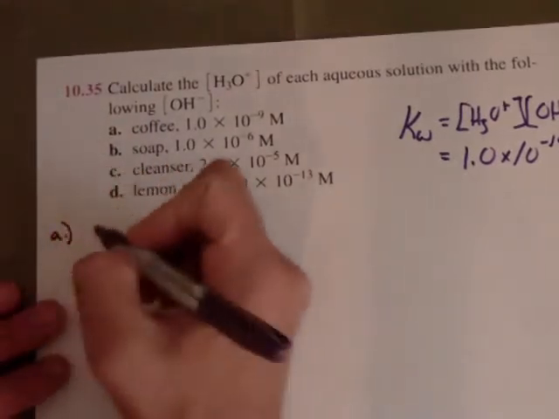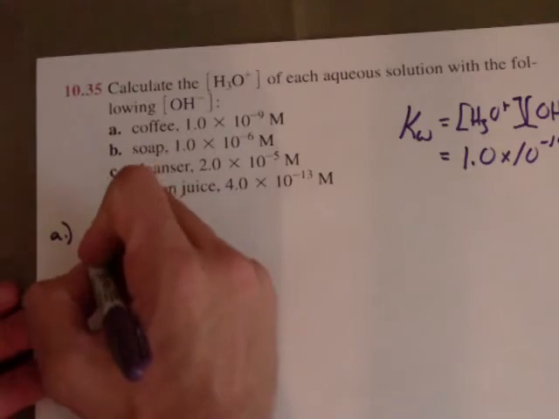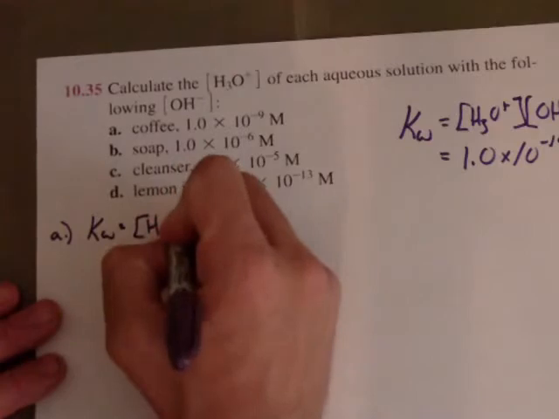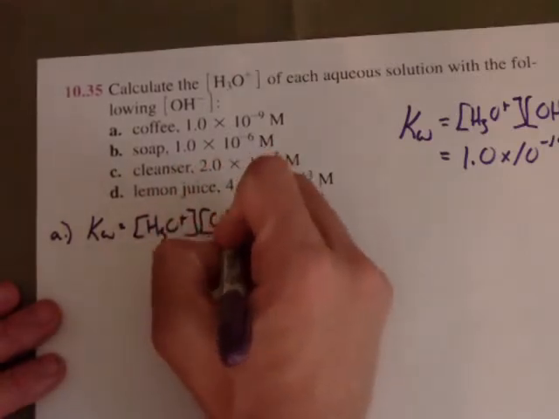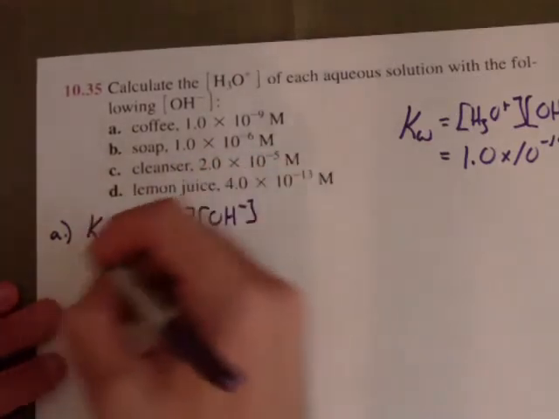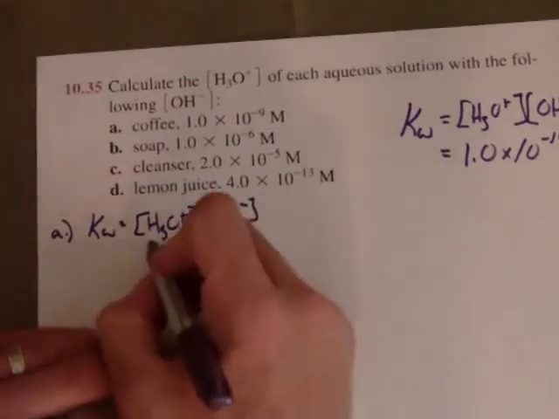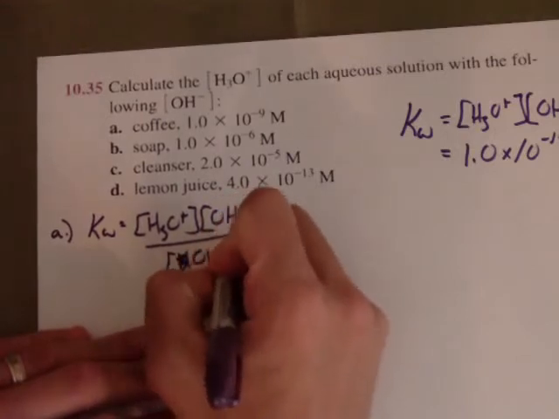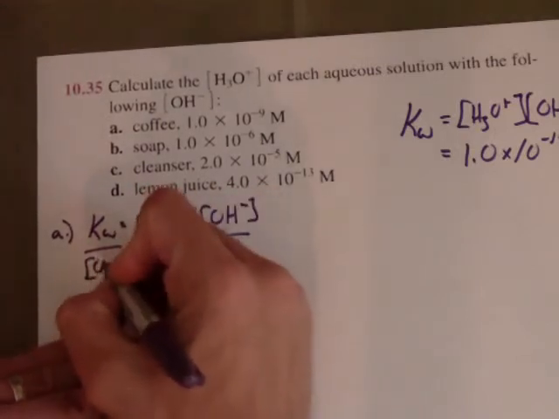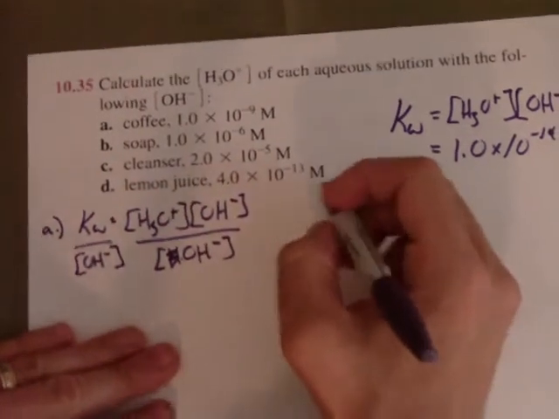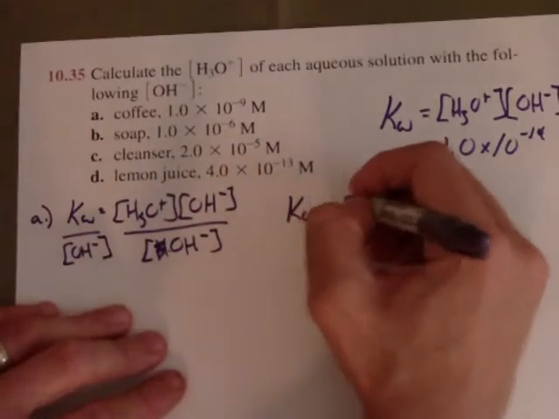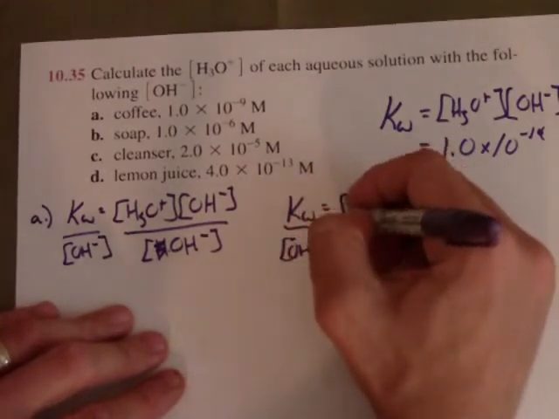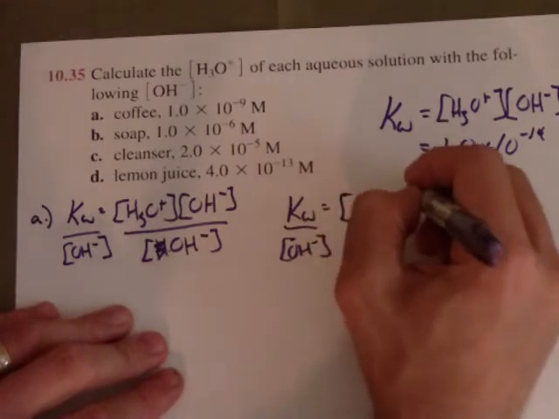So in A, Kw is equal to H3O plus times OH minus. Since we are looking for H3O plus, we can rearrange the problem by dividing both sides by OH minus. And so that would give us Kw over OH minus is equal to the concentration of H3O plus.